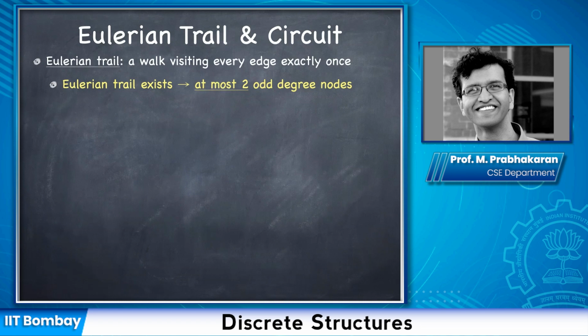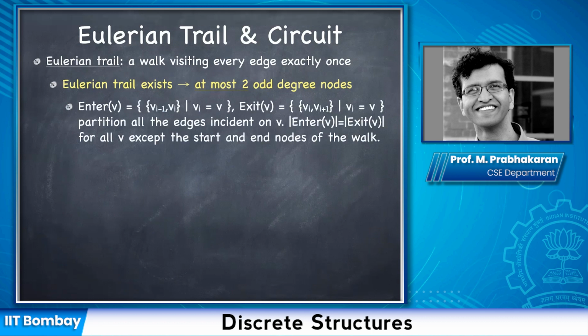We added some nodes corresponding to the bridges; they were all even degree nodes, but the original land masses all had odd degree. So there were 4 of them. And the claim here is that if an Eulerian trail is to exist, then you can have at most 2 such nodes. And why is that?